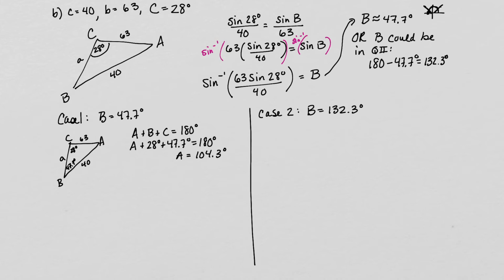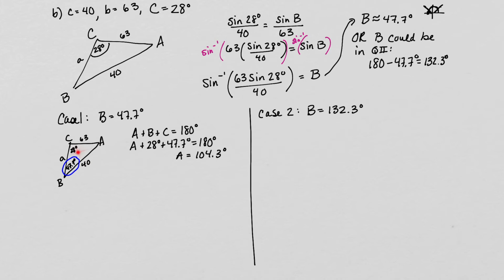So in this case, to find capital A, I had to use capital B, but remember, capital B here is the one I found. So I only want to use capital B if I absolutely have to. I absolutely have to use capital B to find capital A, but to find lowercase a, I do not need to use capital B. So I have this pair, the 28 degrees and the 40.